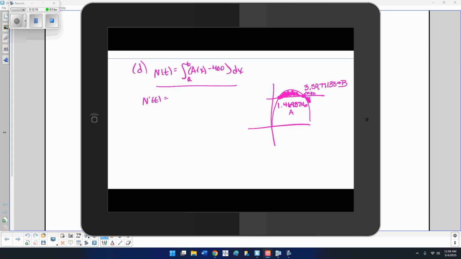Sorry, I didn't really explain it, did I? It is A of t minus 400, which is equal to 0 when A of t equals 400. Hence, that's why I wrote the equation the way that I did. I just didn't want to make it minus 400 and deal with it that way, but I could have. I could have changed my function in my calculator, but I liked my window already.